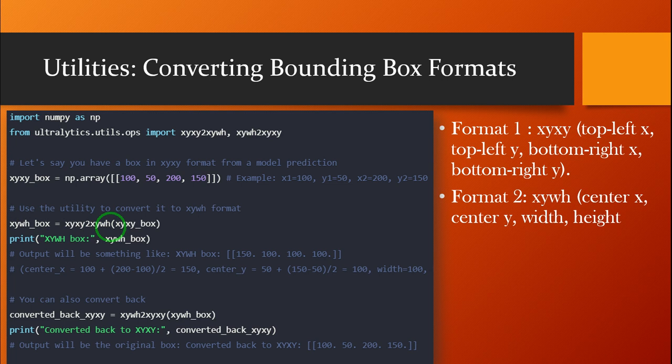It calculates the center by dividing, like x1 plus x2 by 2 and y1 plus y2 by 2, and in that process it calculates center x and center y, whereas it calculates height and width using y2 minus y1 and x2 minus x1, and converts into the next format, the one YOLO understands.